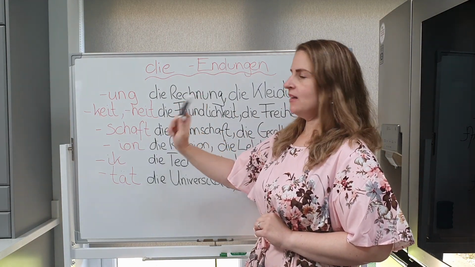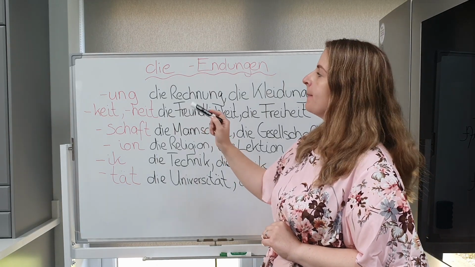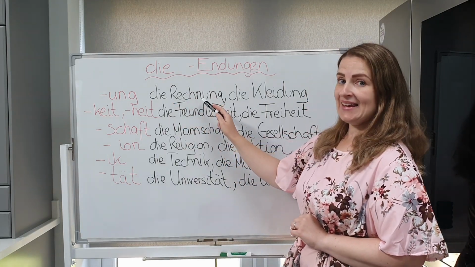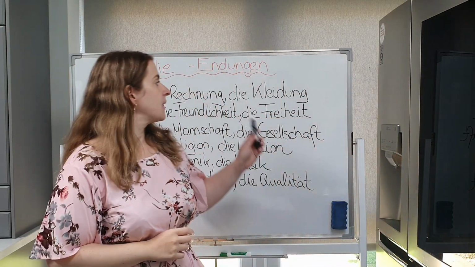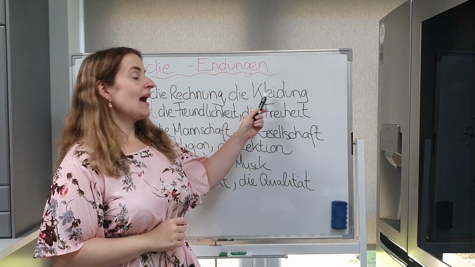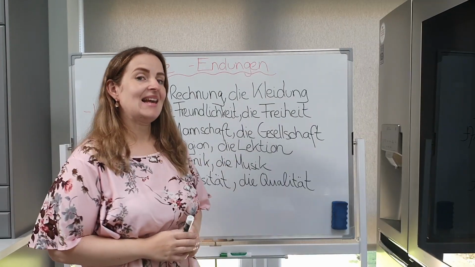Nouns ending with -ung. For example, die Rechnung, the bill. Or die Kleidung, the clothes you're wearing, Kleidung.